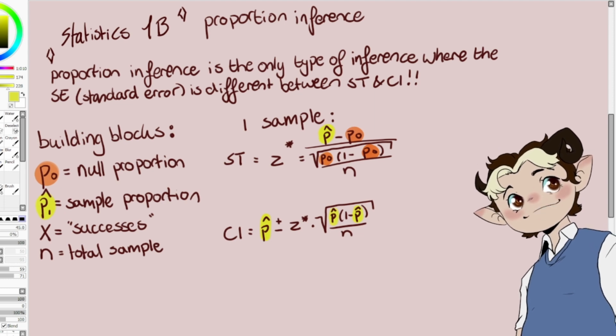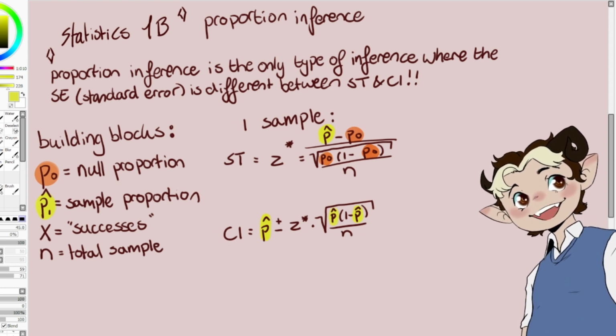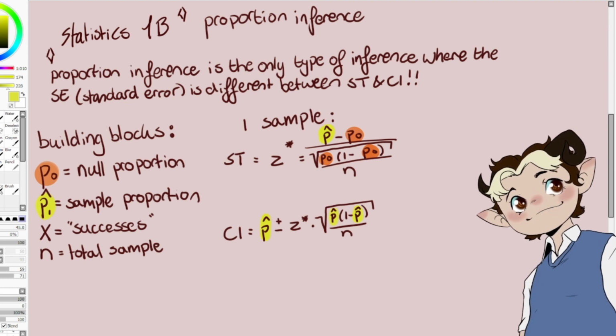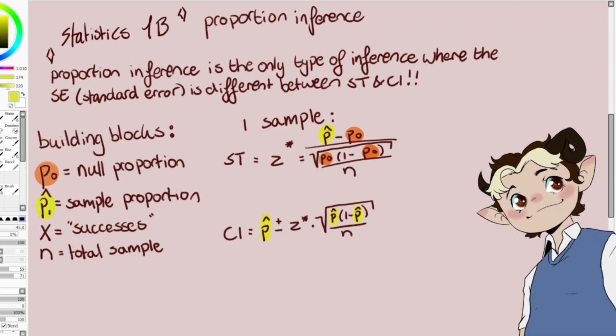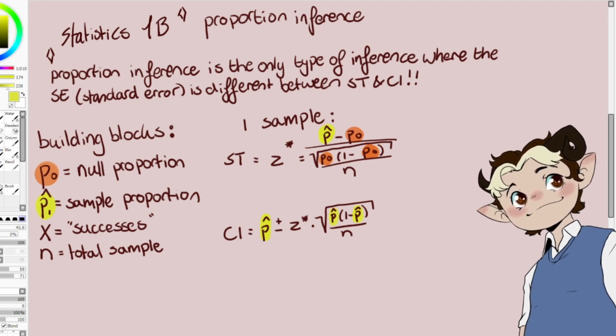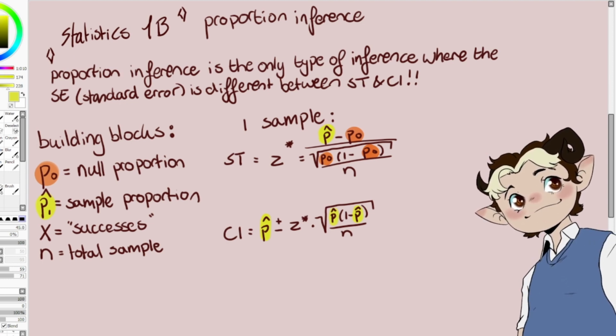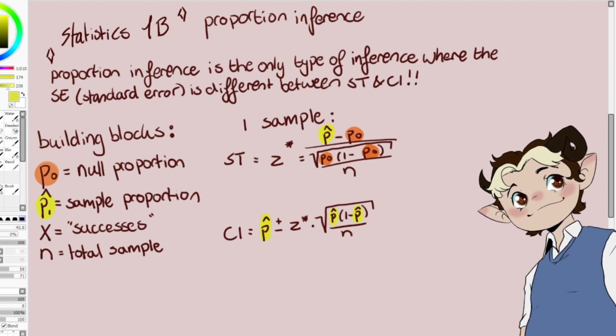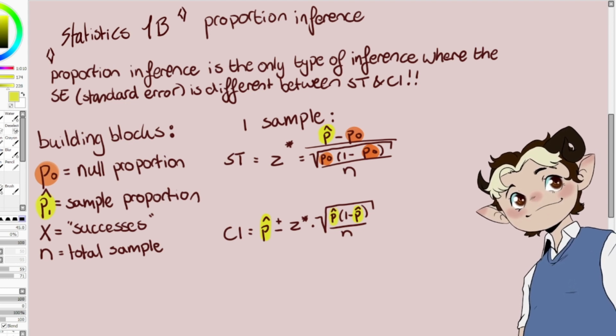The way that I memorized it was that the significance test is the only one that uses the null. Thus, we use the null with the significance test. This doesn't work in the two sample, but I have another trick for that one when we go over it.